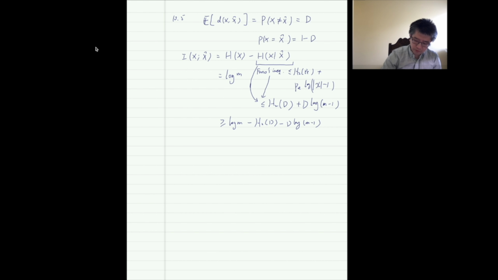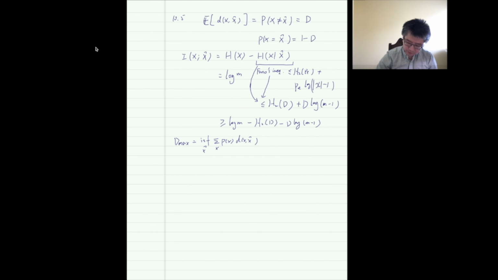Okay, so before that, let's compute what D max is here. So D max is basically this guy. This is because px is a uniform distribution, right?